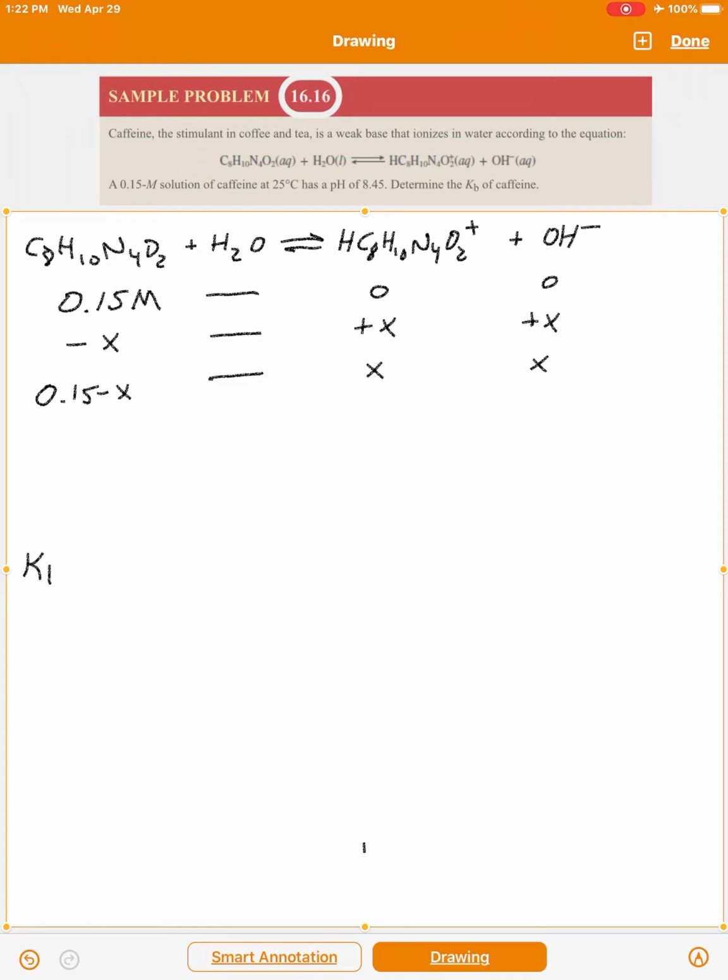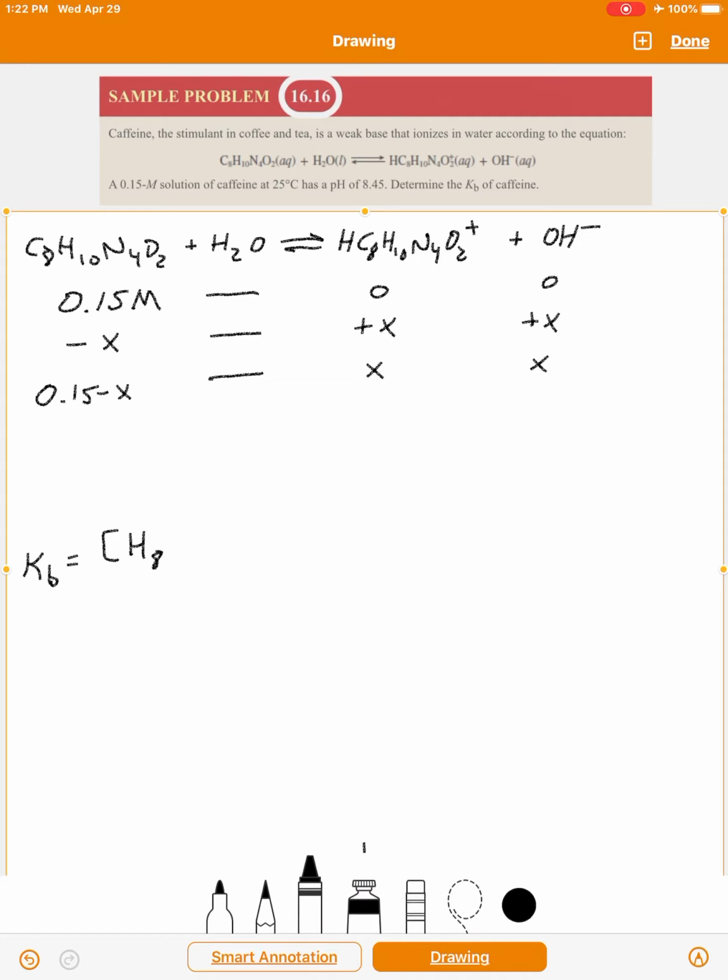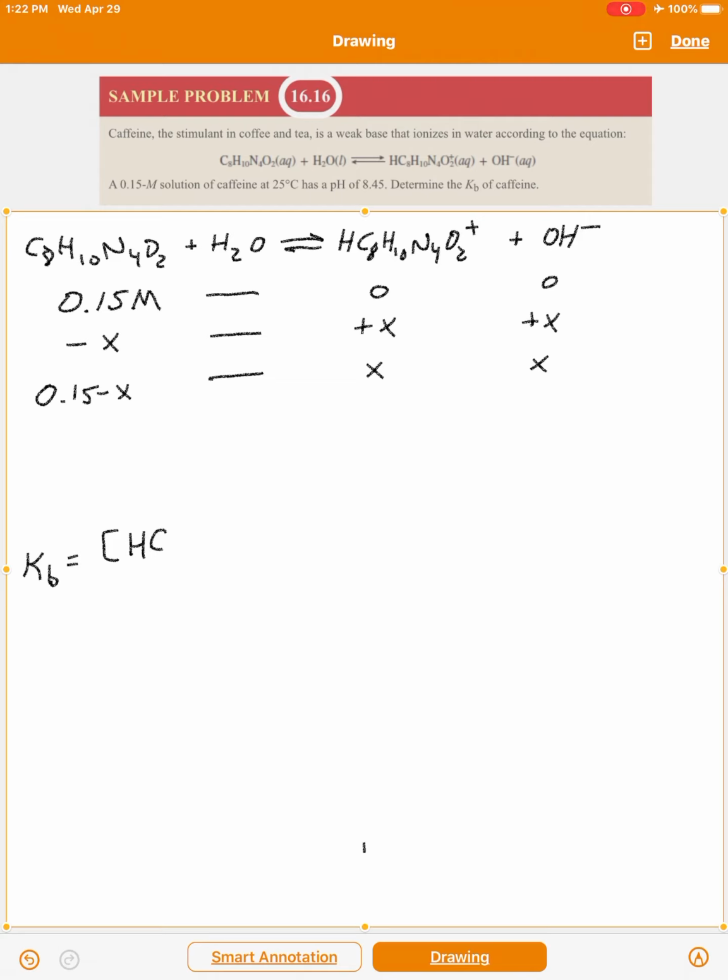The issue is we need to know what x is to find Kb, and here's why. Kb is the concentration of the conjugate acid of caffeine, times the concentration of hydroxide, products over reactants, right?